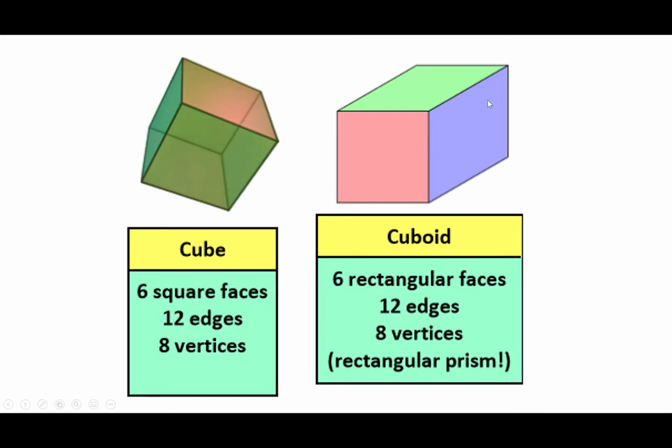It has another square face at the other end, but all around the edge, they're rectangles. So here and here could be the same, the width and the height could be the same, they don't have to be though, but the depth is different. So with your length, your width and your depth, they will have 3 different measurements, or they'll at least have one different, they won't all be the same.